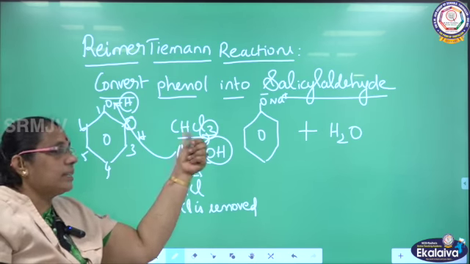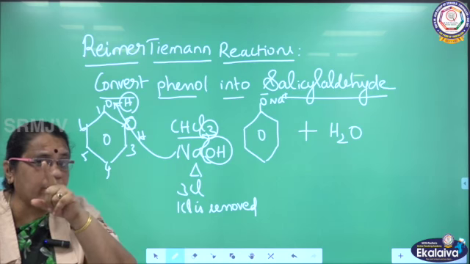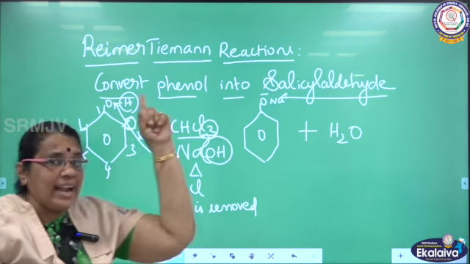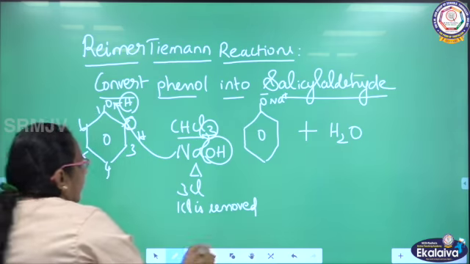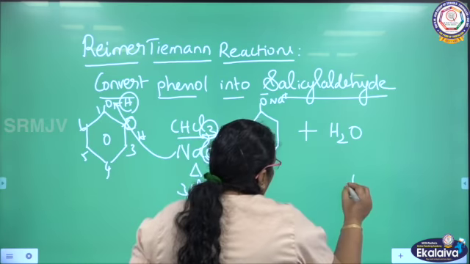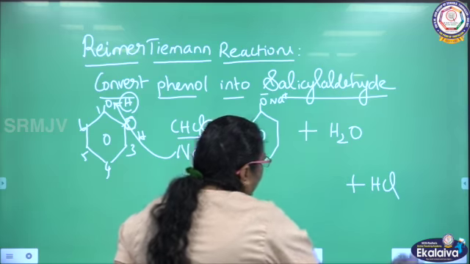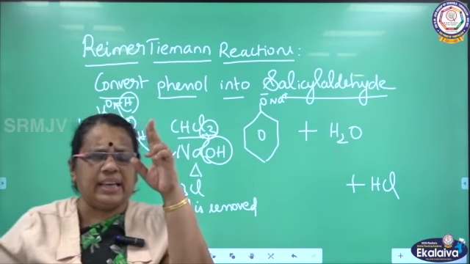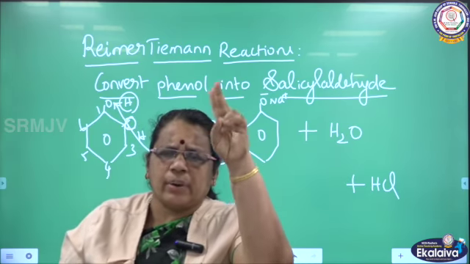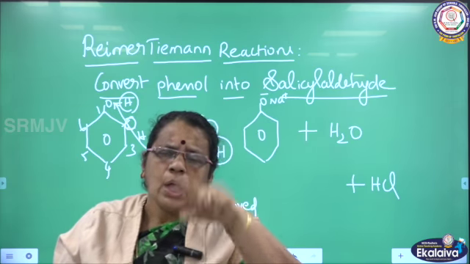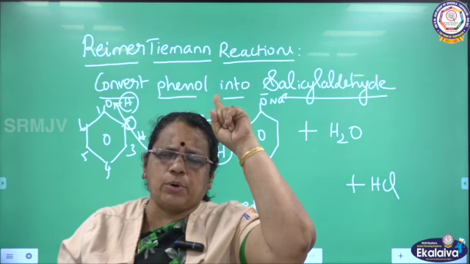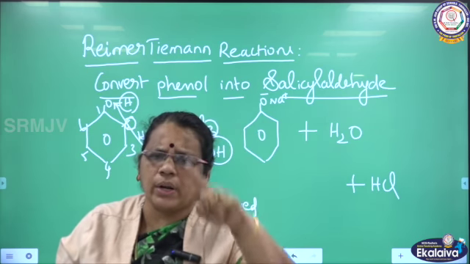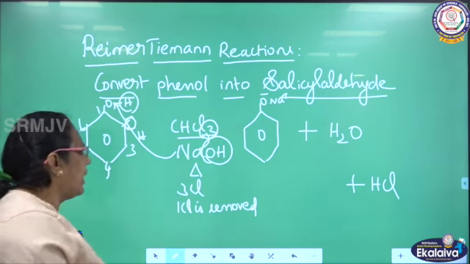One hydrogen and one chlorine combine to give HCl. One chlorine from chloroform, CHCl3, is removed.